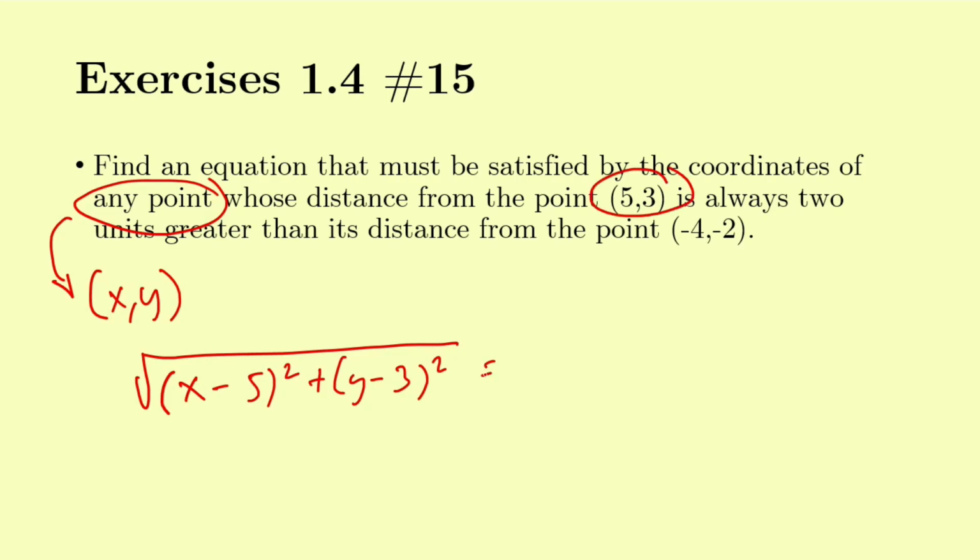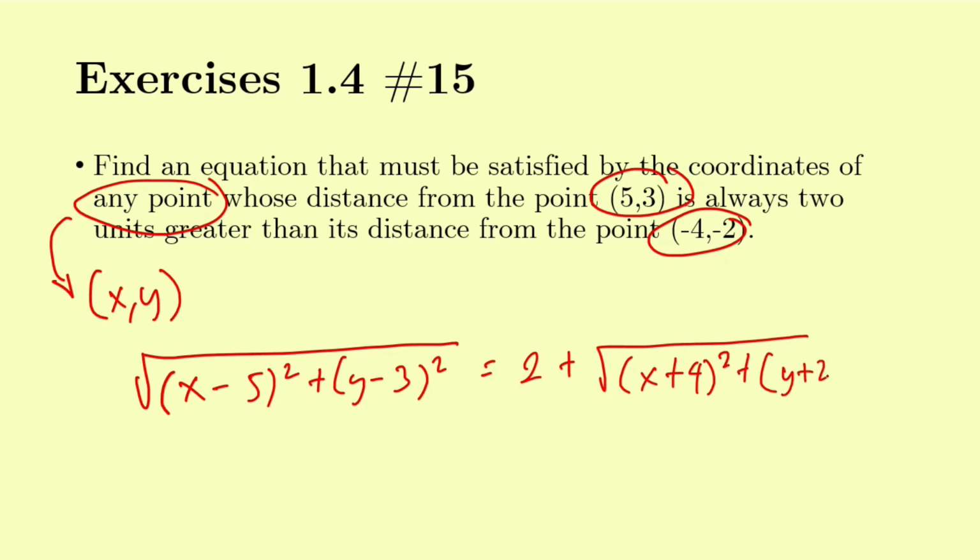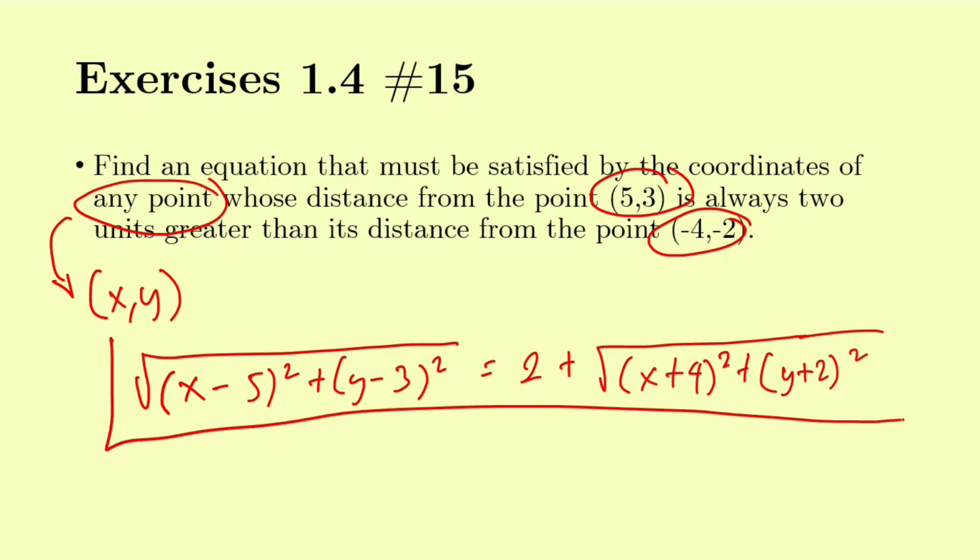It is always 2 units greater, so 2 plus square root of x minus negative 4, or x plus 4 squared, plus y minus negative 2, or simply y plus 2 squared. And that is the equation actually.